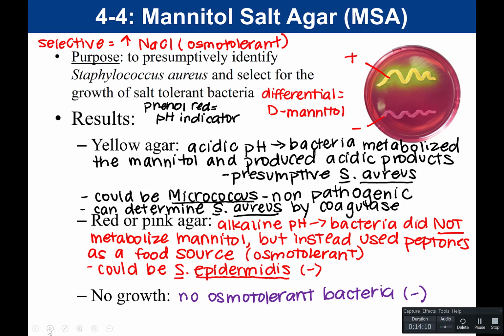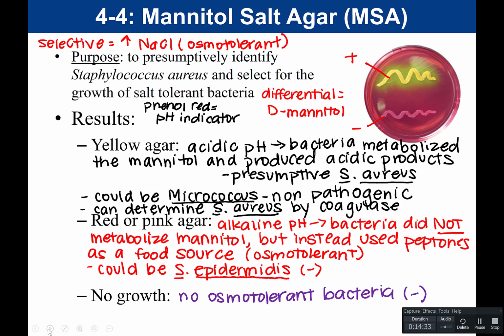So you do want to know what the different colors on the agar tell you. So again, if we see growth on MSA, growth at all tells us osmotolerant. So any growth that's on the plate is going to be our osmotolerant. Again, selective ingredients would be our sodium chloride.